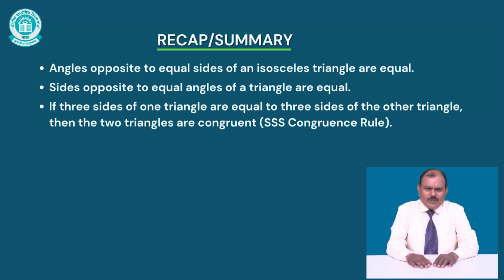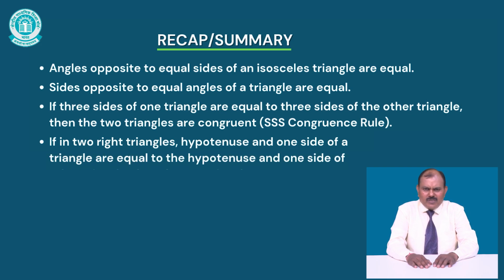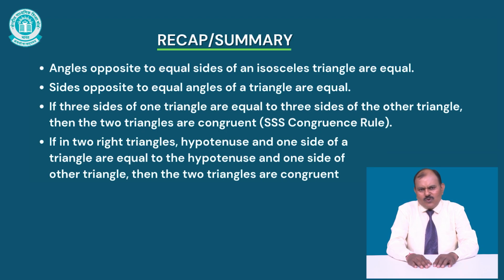SSS congruence rule. If in two right triangles, the hypotenuse and one side of a triangle are equal to the hypotenuse and one side of the other triangle, then the two triangles are congruent. RHS congruence rule.